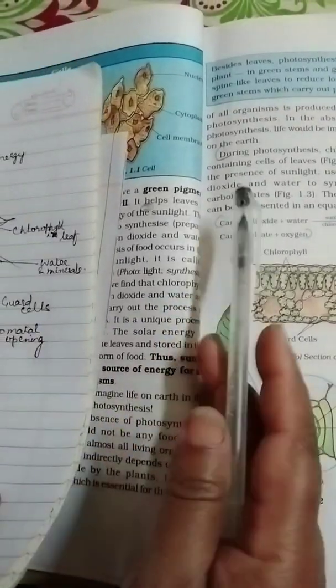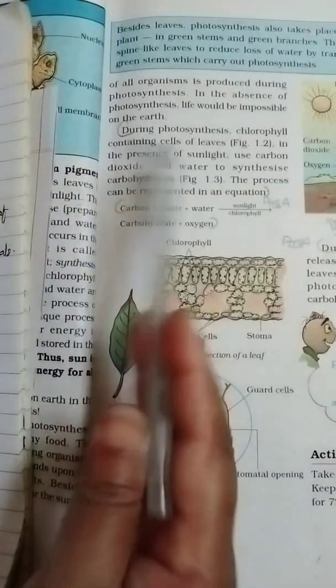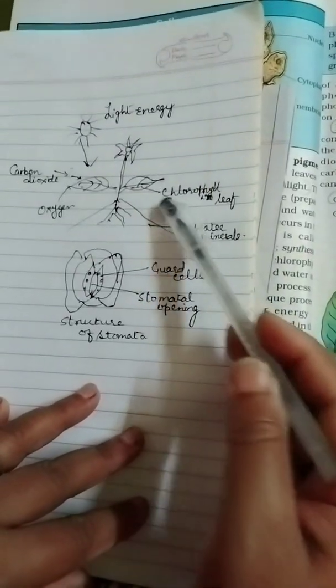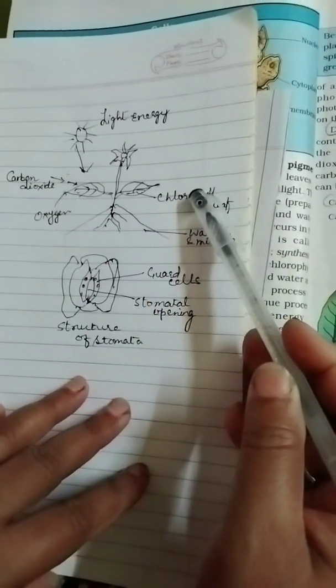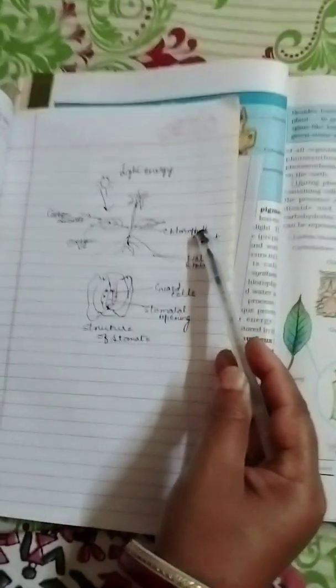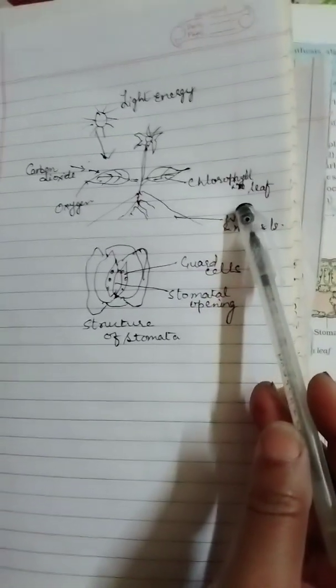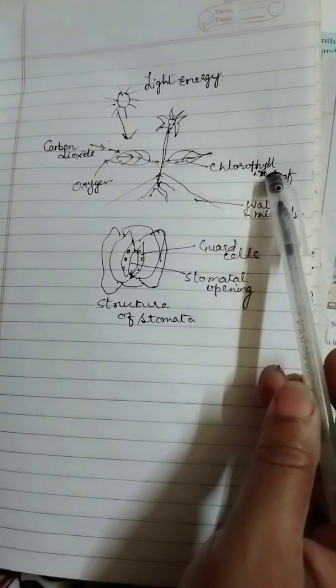Next, how does photosynthesis occur? During photosynthesis, the chlorophyll containing cells found inside the leaf, in the presence of sunlight, react with carbon dioxide to form food that is stored in the form of carbohydrate.